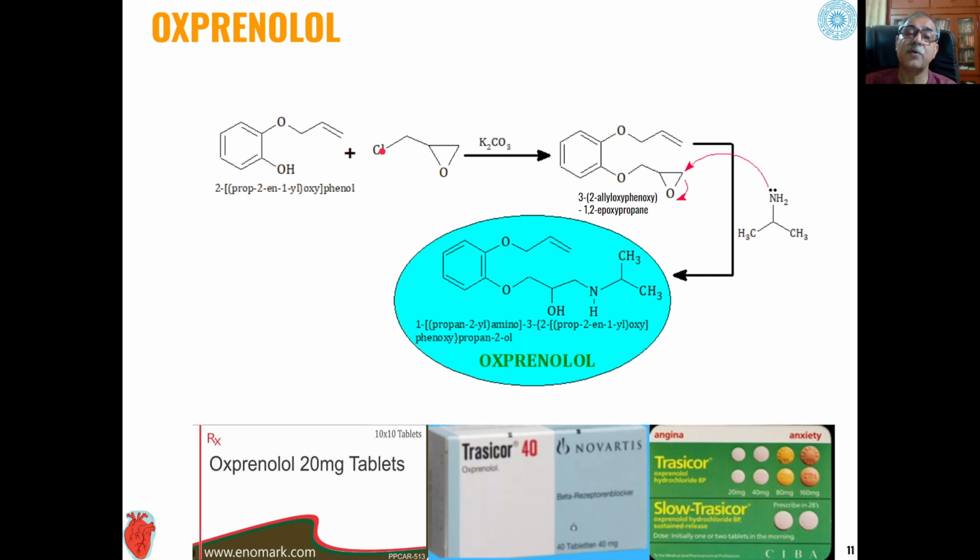H from here, Cl from here will be eliminated, nucleophilic substitution reaction to give us this type of epoxide, and this epoxide, in the same way as we have seen in the atenolol, reacts with isopropylamine, again a nucleophilic addition reaction, and this will lead to the ring opening of this epoxide ring, will lead to the formation of oxprenolol, and this again is a commonly used drug for angina pain and anxiety, which is given to different patients of CVDs.